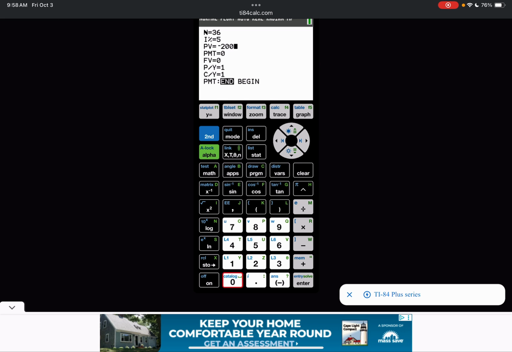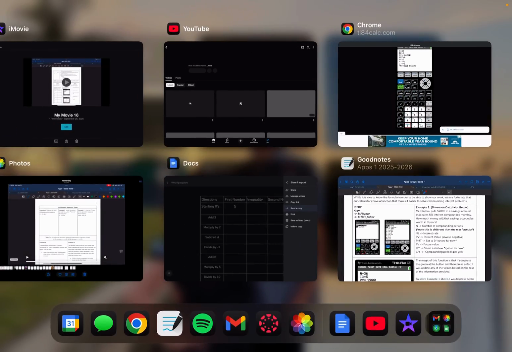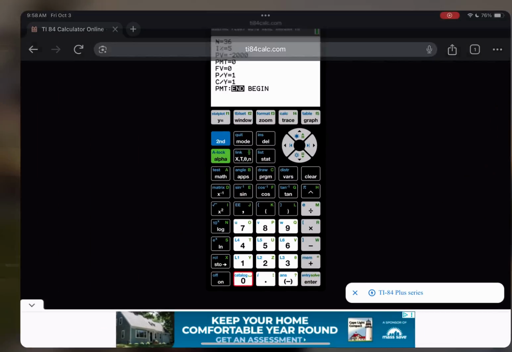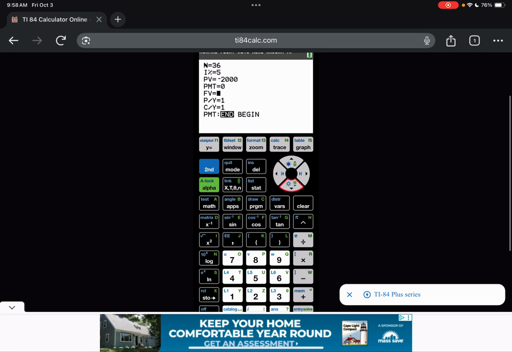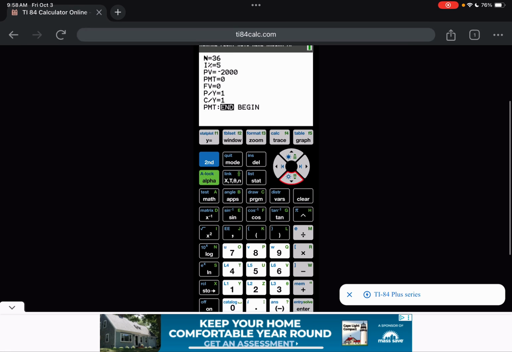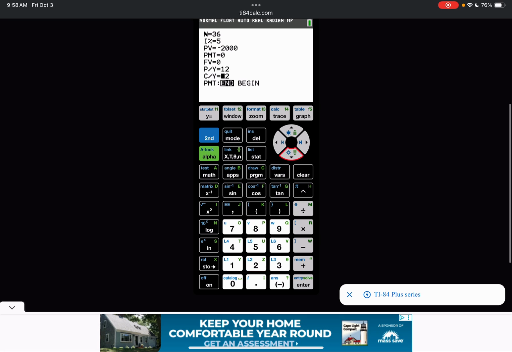We're putting in 2,000, so we want to put negative 2,000. Payment at 0. The future value is what we're trying to find, so we'll leave that for now. And then we want to change PY and CY to the same thing. We want them to be 12. See, if you put in PY, it'll adjust CY automatically, but just make sure they're aligned.